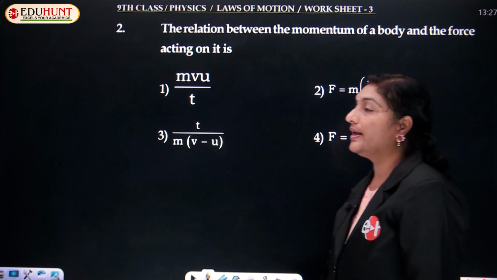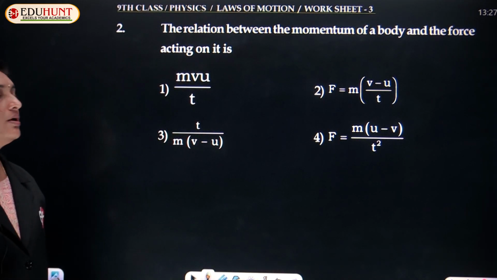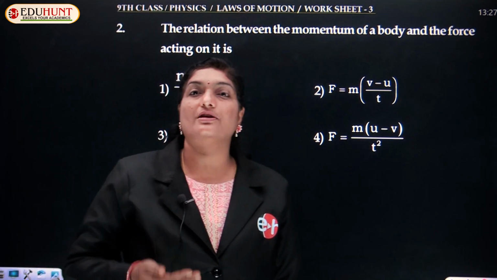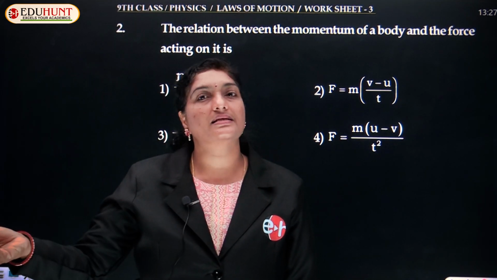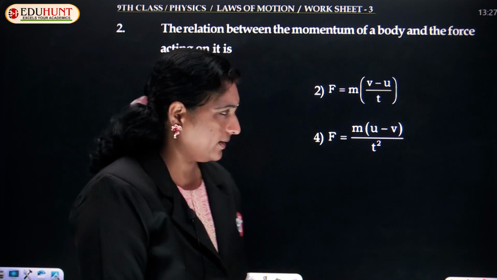The relation between the momentum and the force acting on it is. Children, from Newton's second law, we also know that the rate of change of momentum is defined as the net external force applied on the body.